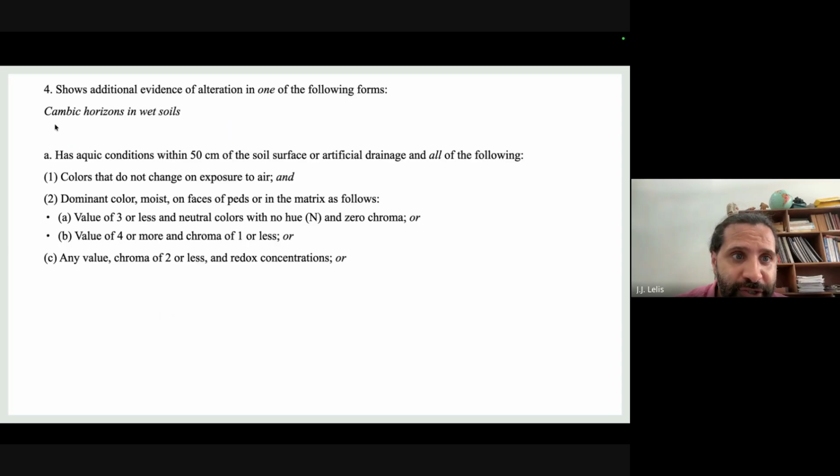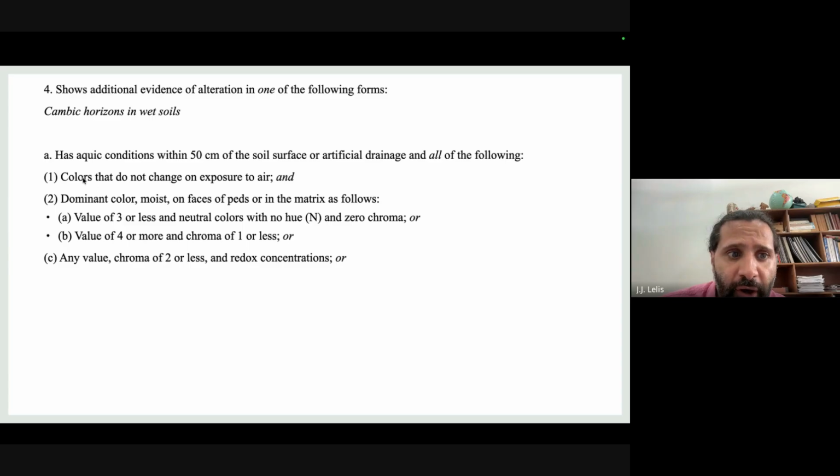Also, it should register additional evidence of alteration in one of the following forms. For example, in wet soils, in flooded conditions, with aqueous conditions. What are aqueous conditions? Aqueous conditions, they are connected to flooded soils. Okay, so flooded soils within 50 centimeters of the soil surface or artificial drainage, and all of the following.